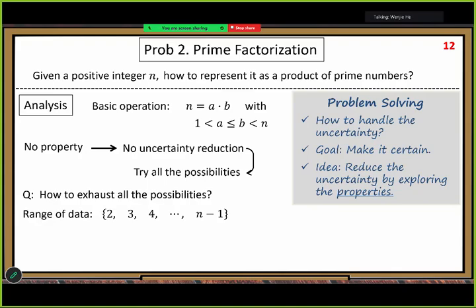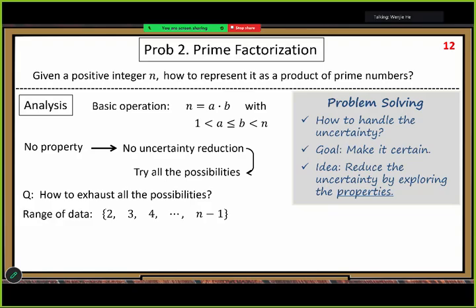B is greater than or equal to A. The upper bound: B strictly less than N, so the largest possible number for B is N minus 1. That's the range we can choose.